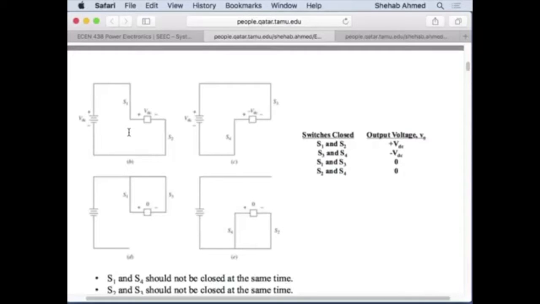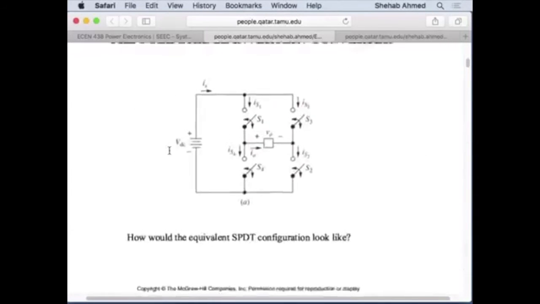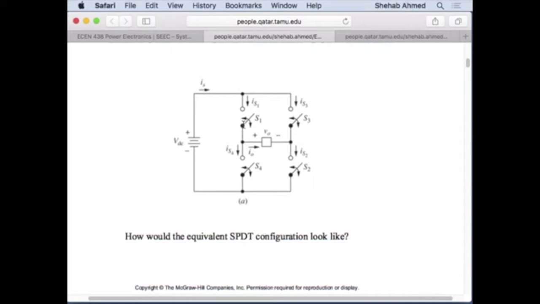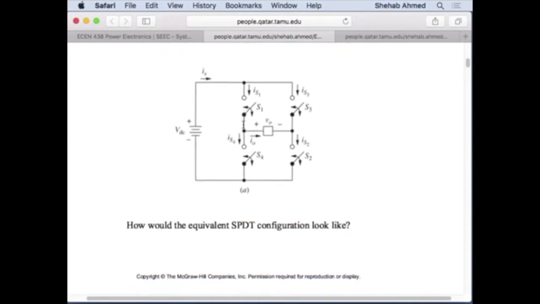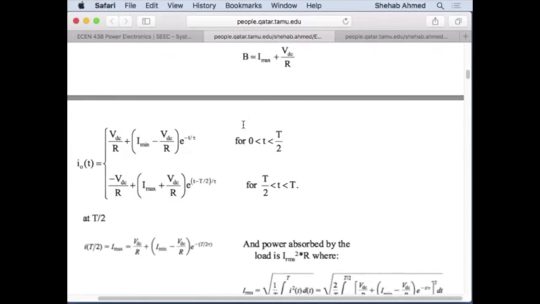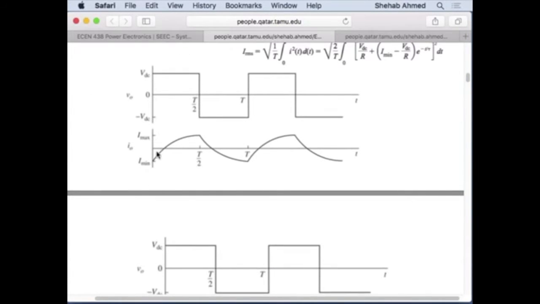So I cannot put a MOSFET by itself, or a BJT by itself. I cannot do that, because in that case I will only have current flowing in one direction, right? But this is not true. If you remove the real switches and just put the ideal switch representation like we have here, you see the resultant current being both positive and negative.